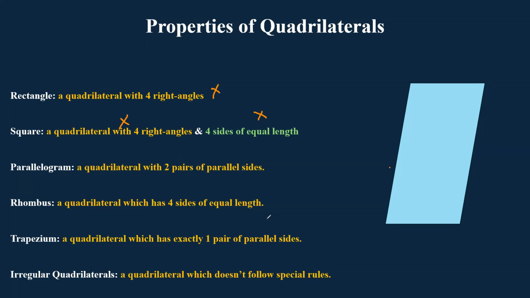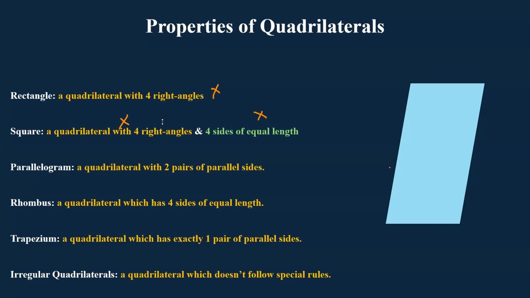Oscar, is this shape a parallelogram and why? It is a parallelogram because it has 2 pairs of parallel sides. Perfect. Sorry, were you going to say something else? No. Awesome. Yeah, perfect. It has 2 pairs of parallel sides.